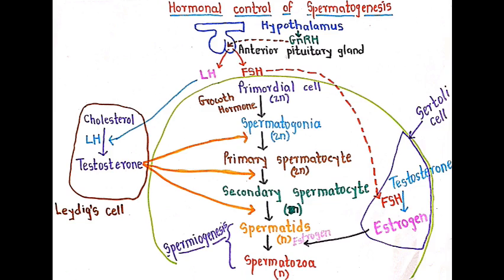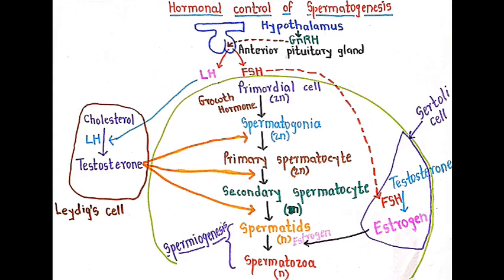Now about the hormones which influence the spermatogenesis process. We have studied that the spermatogenesis process starts at the onset of puberty, and the first hormone which triggers this process is gonadotropin releasing hormone, which is secreted by the hypothalamus.